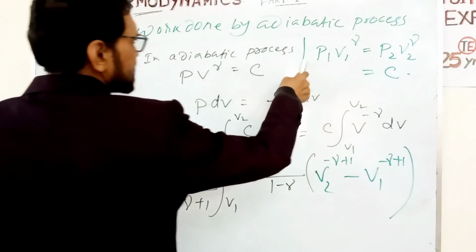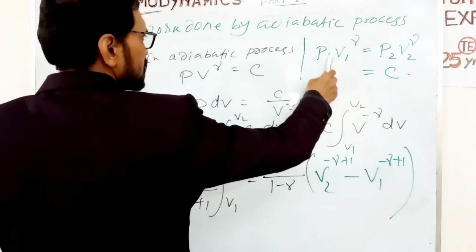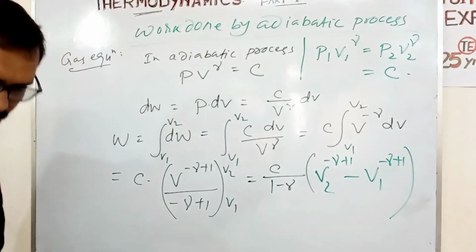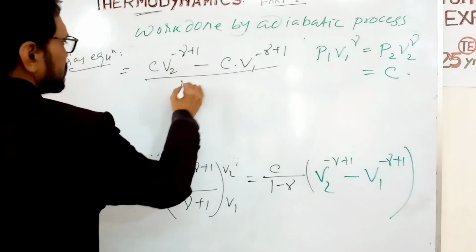For volume V1, suppose the pressure is P1, and for volume V2 the pressure is P2. So we can write this as C times V2 to the power 1 minus gamma minus V1 to the power 1 minus gamma, divided by 1 minus gamma.